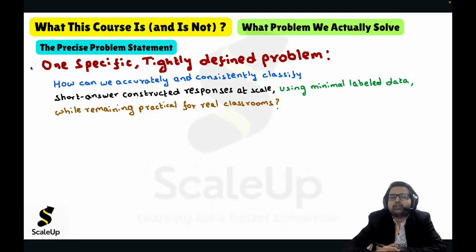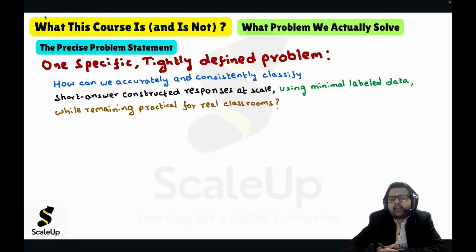Because for multiple choice questions, MCQs, we already have grading systems. There is no need for AI to solve that problem. But if I talk about subjective solutions, where long answer constructed responses or short answer constructed responses are involved, there we cannot automate it via traditional setting.